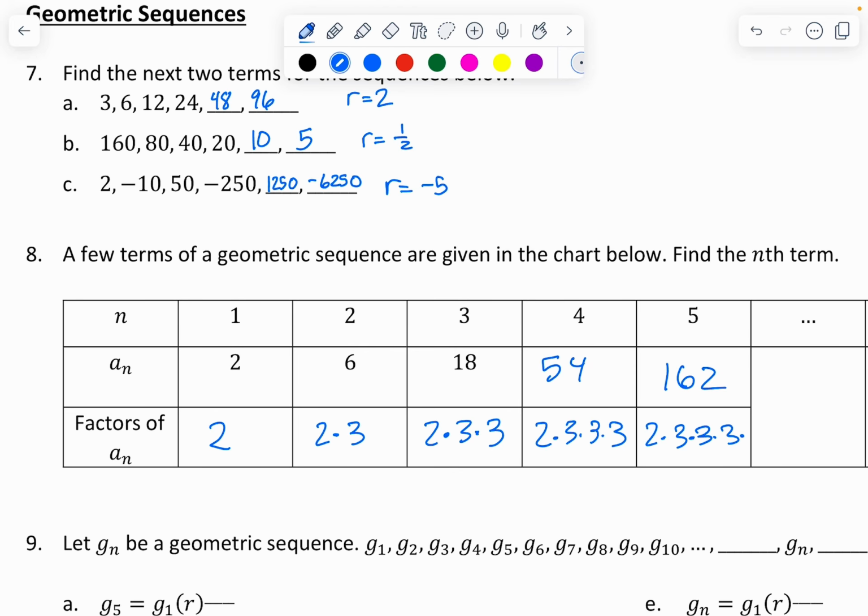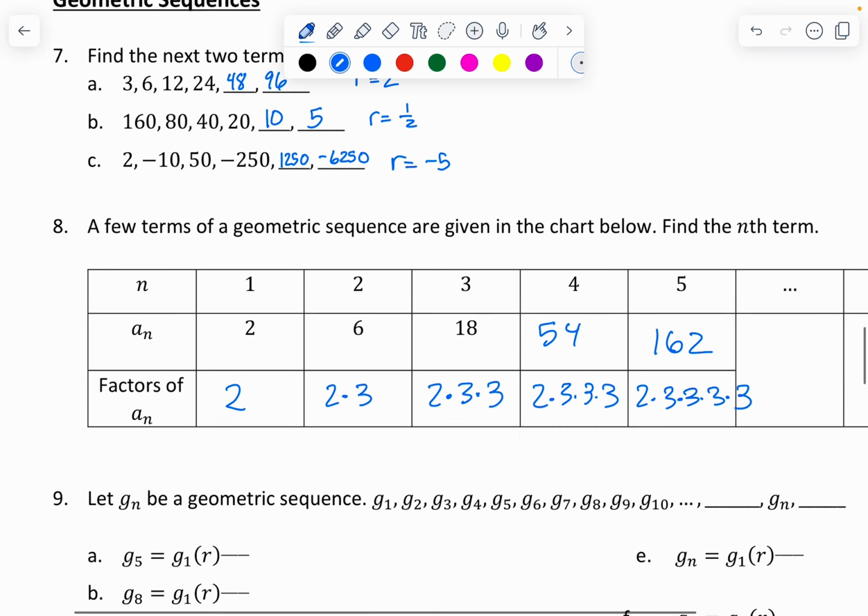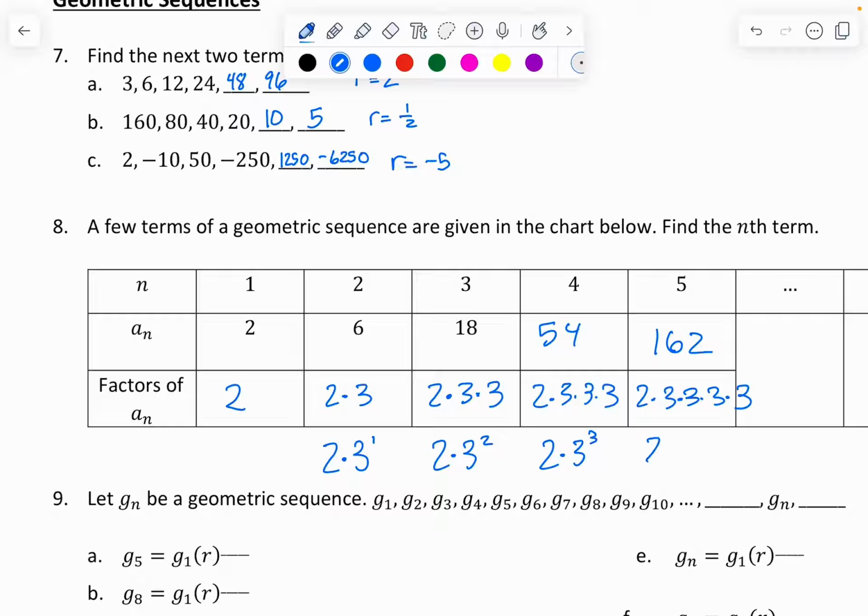Okay, and you may notice this is 2 times 3 to the first, and this is 2 times 3 to the second, and this is 2 times 3 to the third, and this is 2 times 3 to the fourth, and this is actually 2 times 3 to the 0 power. So anything to the 0 power is 1. And so notice the connection between these, this 1 and 0, and 2 and 1.